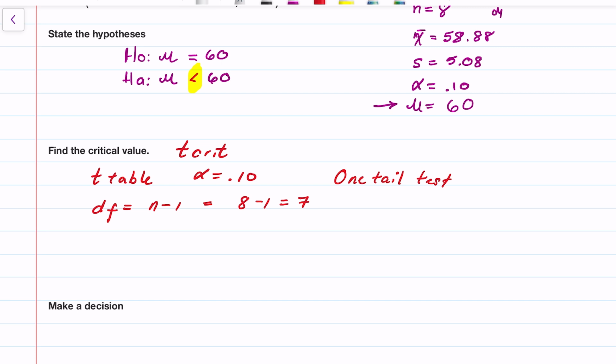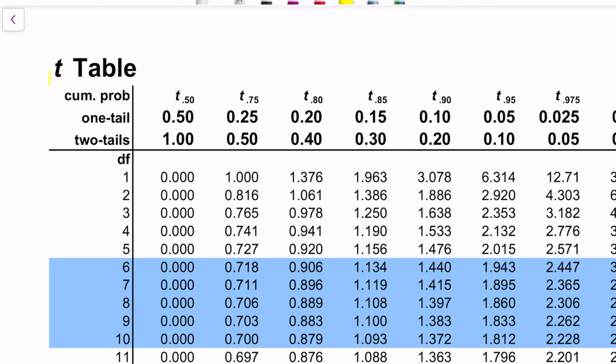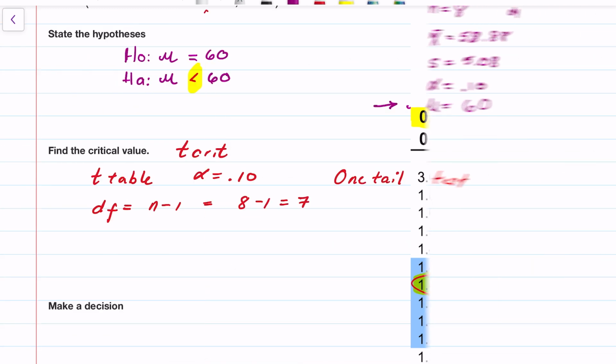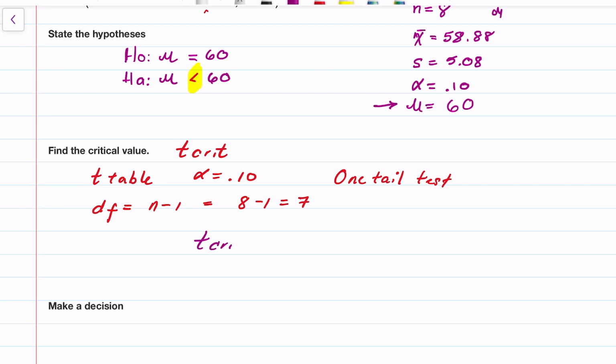So from here we can go to the table. Here I am in the t-table. I'm looking at one tail because it's a one tail test. I'm looking for my alpha over here in this row. It's 0.10. My degrees of freedom was 7, so it's going to be this value here. So my t-crit was 1.415.